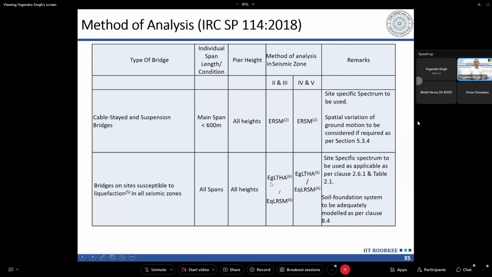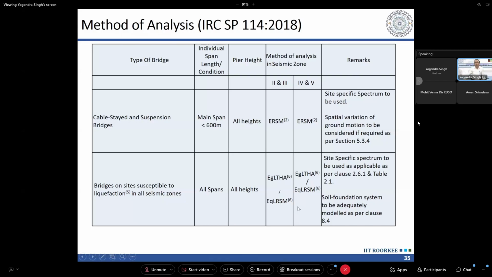So in this equivalent linear time history analysis, please correct this error. I'm sorry. This is EQ, not EG. EQ stands for equivalent. So equivalent linear time history analysis, we are making a linear model. We are performing time history, but the stiffness of that linear model we select in such a way that it is representing the secant stiffness at that displacement.